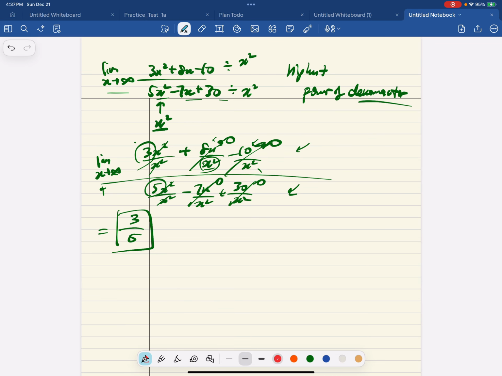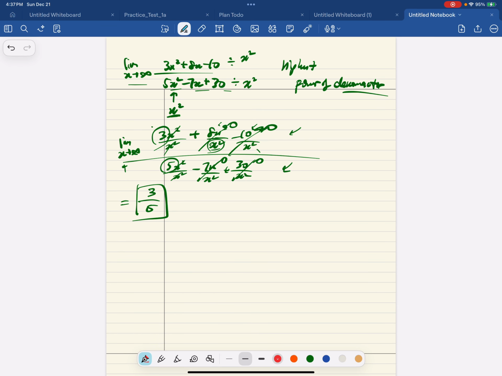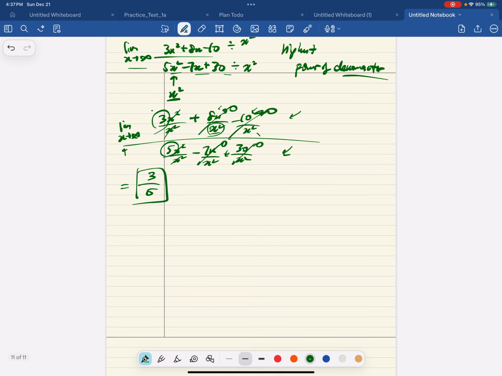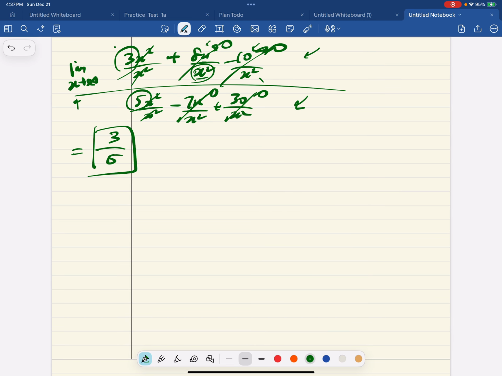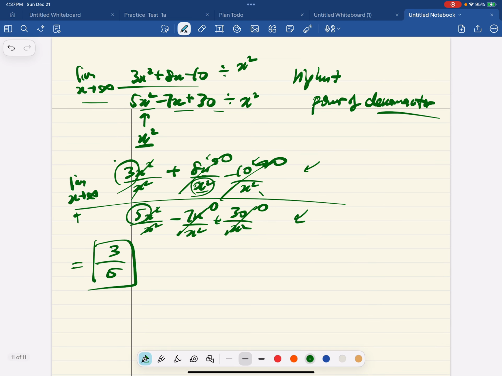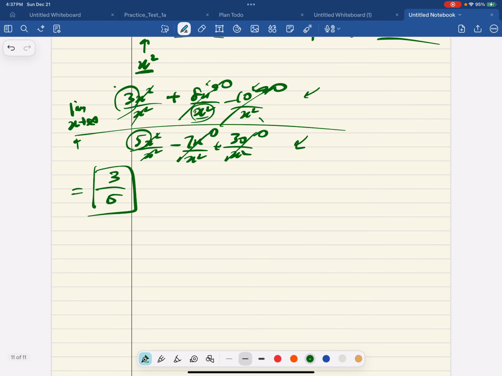And what we did simply was to divide everything by x to the 2, top and bottom. Now, what is so interesting about dividing top and bottom by the biggest power of the denominator is that it does not always work by simply dividing, because there is something called even roots. Even roots is very tricky, but if you get it, it is a super simple concept.